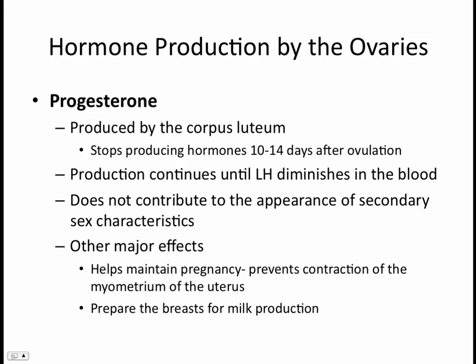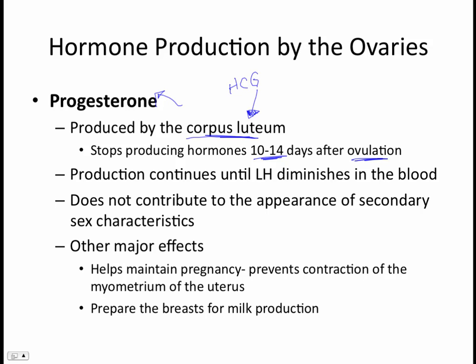Progesterone, again, is produced by the corpus luteum once the secondary oocyte has been ovulated. It's going to stop producing hormones 10 to 14 days after ovulation, in which case we need other mechanisms to take over. You need that human chorionic gonadotropin hormone to take over to cause the corpus luteum to continue to secrete progesterone.